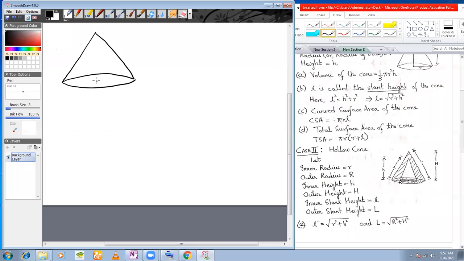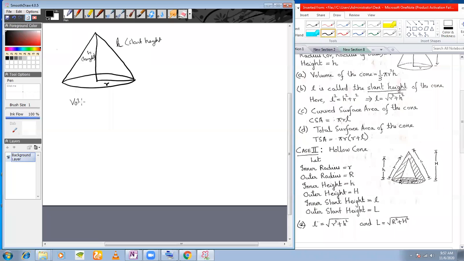So you have base radius here. This is called your height. This is your L, slant height. This is your height, H, and this is your radius.